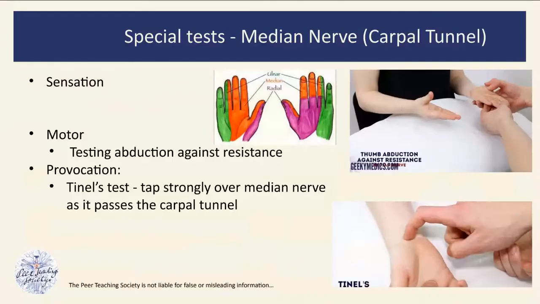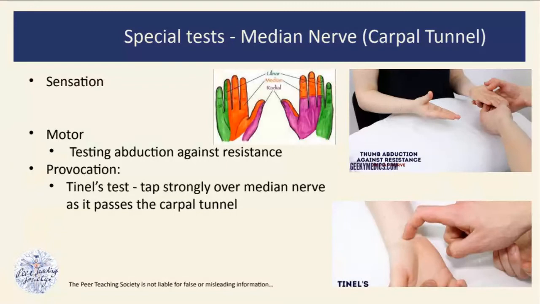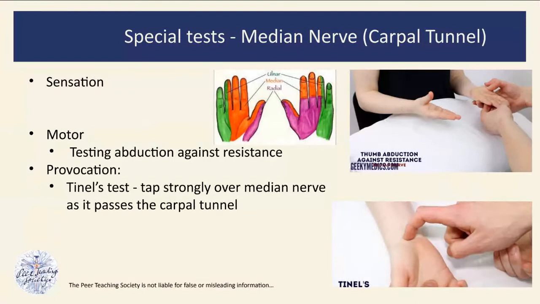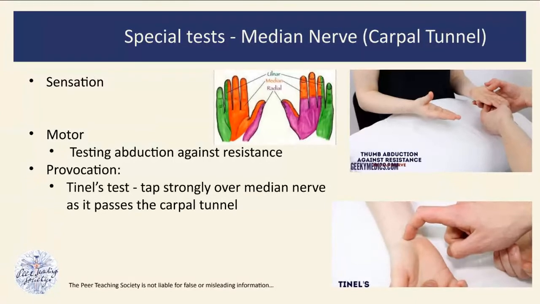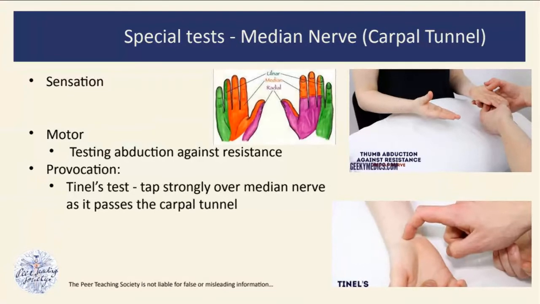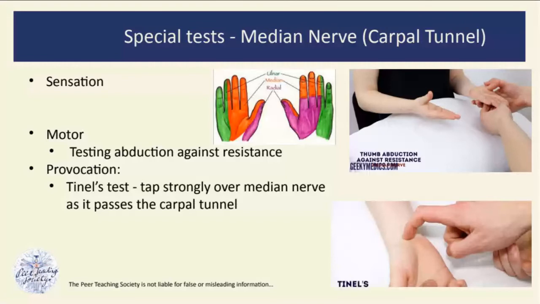Okay, so we'll go to one that you probably do a few times in GP, if you get the chance, in 3A. So you're testing the median nerve. First test for sensation, as shown in the diagram, top of your index finger. For motor, testing the thumb for abduction against resistance.